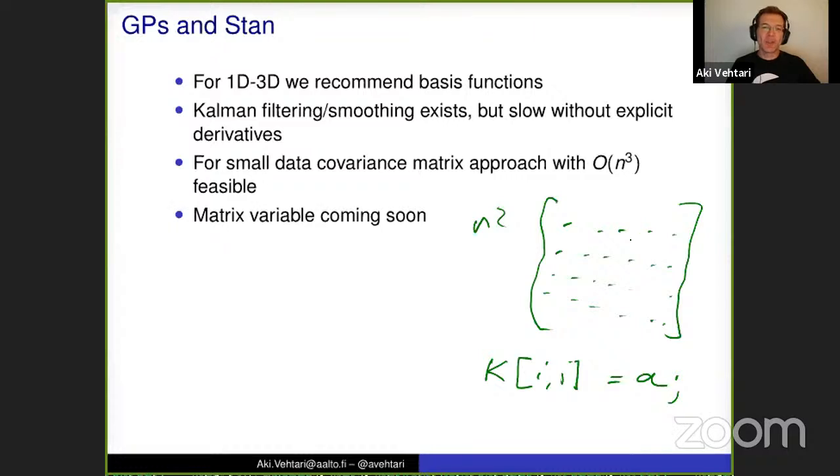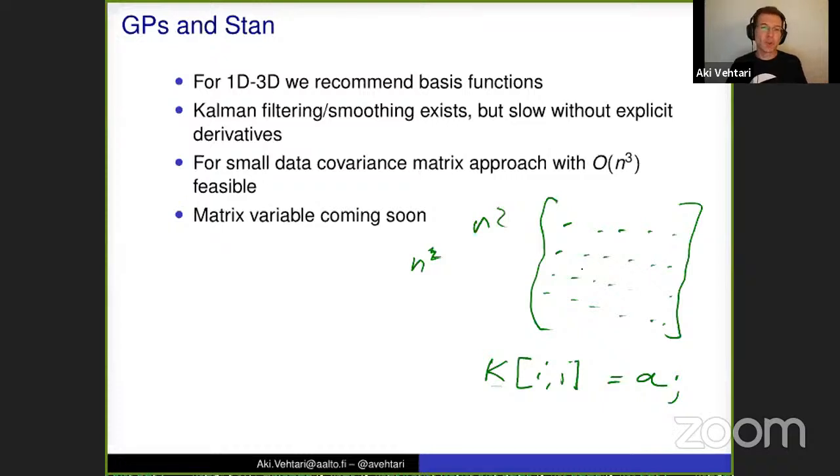While if we know that this matrix is actually constructed from data, with n data points, then constructing the data part would be an n-squared operation, but it's fixed, and we have only a few hyperparameters affecting the covariance matrix, and then we should use just one node for each matrix.